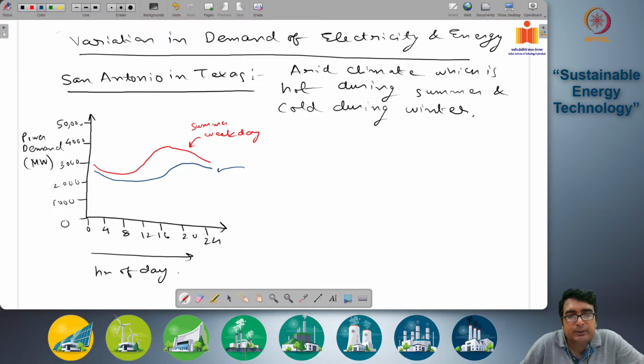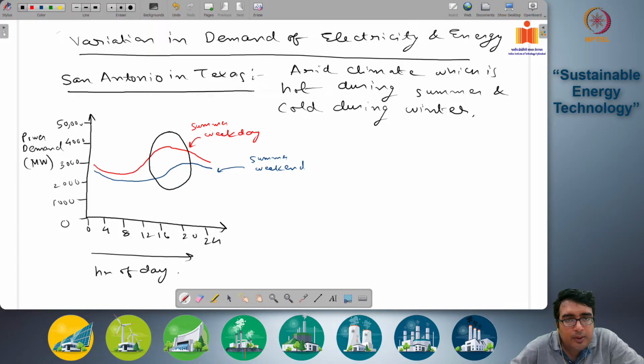This is summer weekend. So here what we see is there is a large peak in energy demand between 1200 hours to around 2000 hours, especially during the summer weekdays.